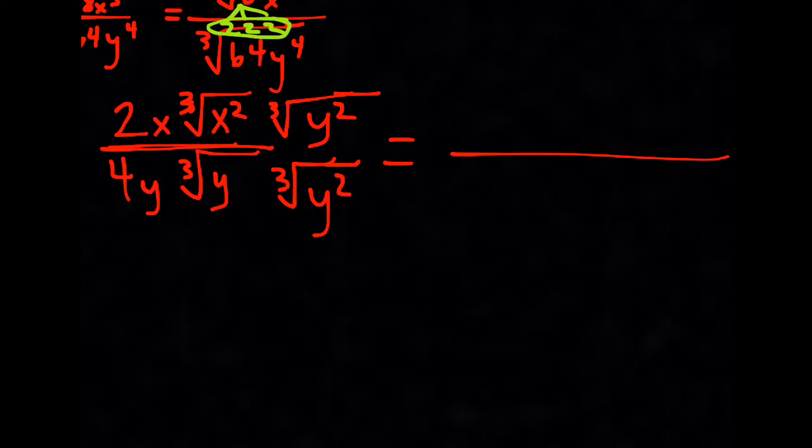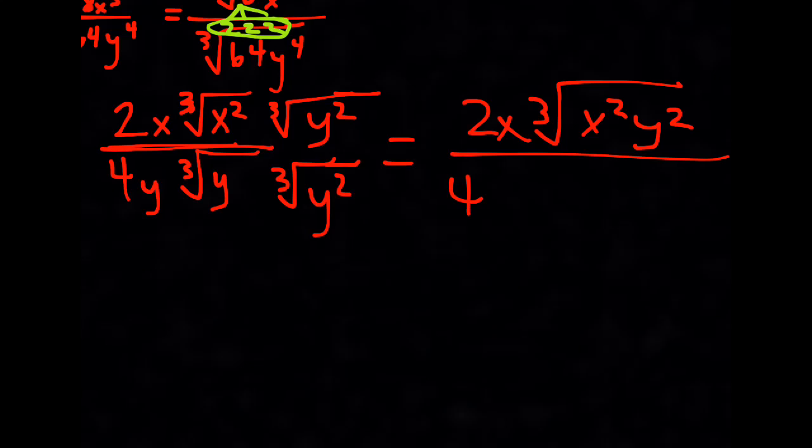From here, what I have on the top, I've got 2x. When I multiply cube roots, it's the same thing as the square roots. I'm going to have x squared and y squared on the inside. Then on the bottom, I've got the 4y. Then if I were to just multiply the cube roots together, I would have y times y squared.